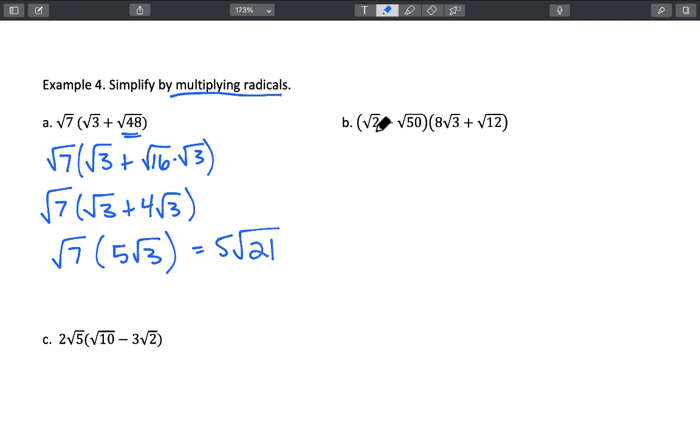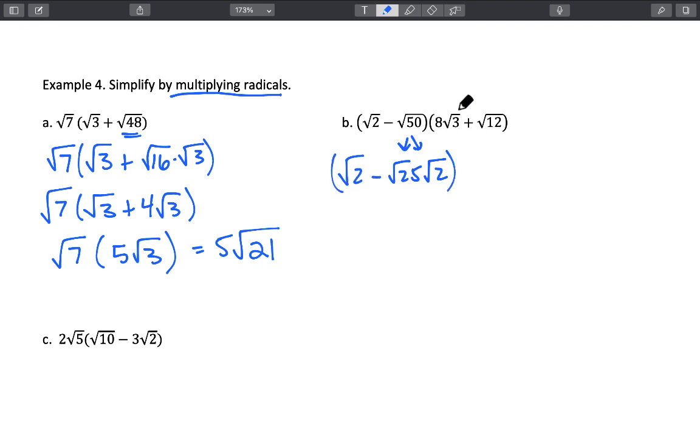All right, let's try one more example here. I've got root 2 minus the square root of 50, and then 8 root 3 plus the square root of 12. So these are products that I'm going to end up multiplying, but let's see if we can simplify first. I know I can break down the square root of 50, and this becomes root 25 times root 2.